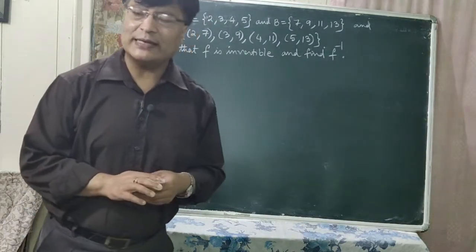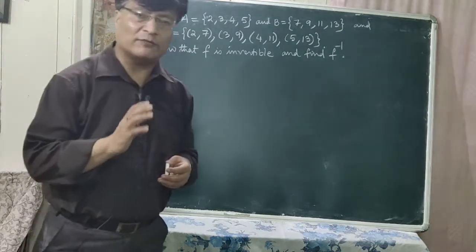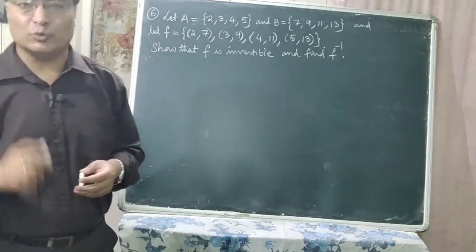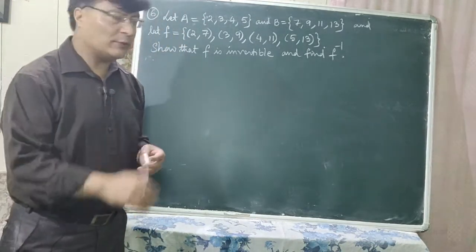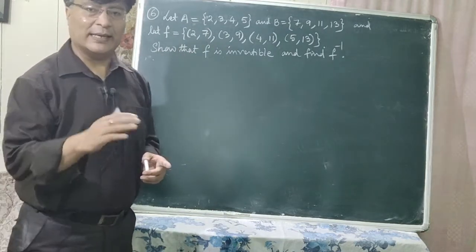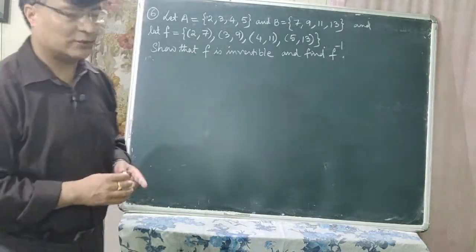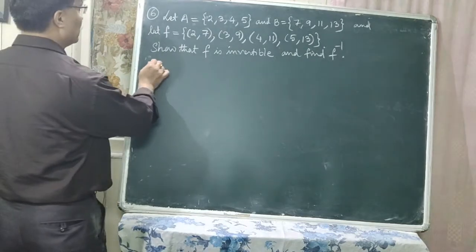In order to show that f is invertible, you have to show that the function f is one-one and onto. Then only we can write f is invertible, and hence you have to find out f inverse. Okay, so let us write down the given function out here.